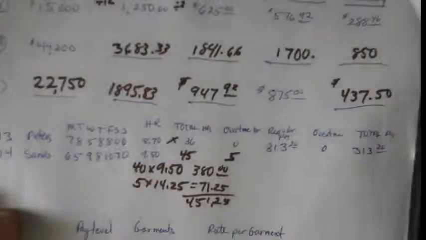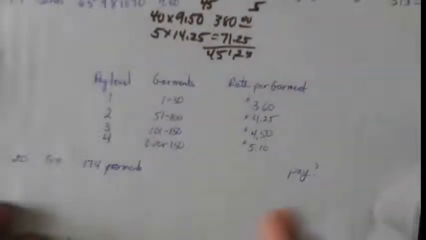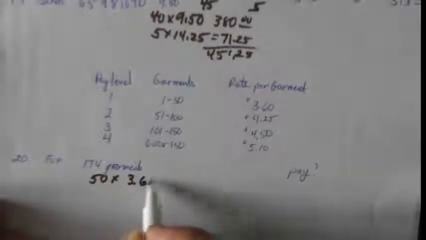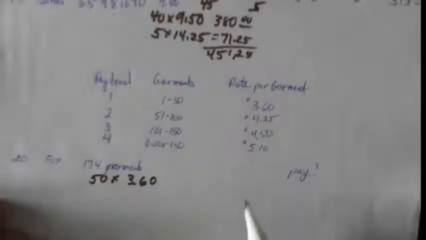Okay? Another way to calculate pay, though, is you do it by what they call the piecemeal. You get a certain amount per piece. And they have a couple of examples in the book, but I went ahead and would like to show you number 20 here, where they have 174 garments, and you get a different rate of pay for each level of garments you produce. So the first 50 out of 174, you're going to get $3.60 per garment.